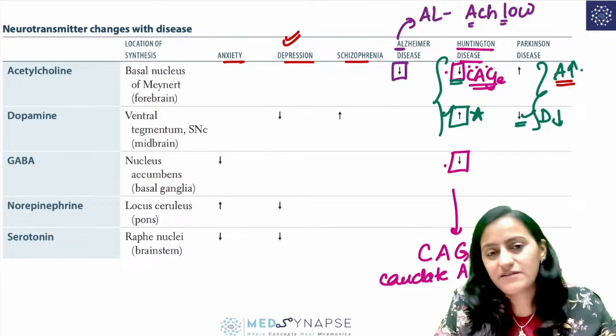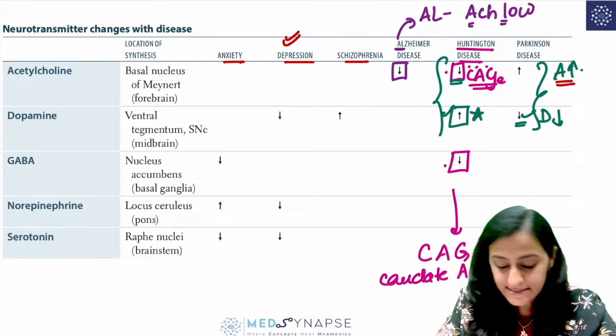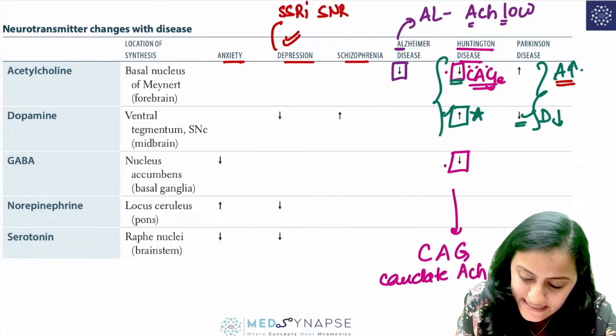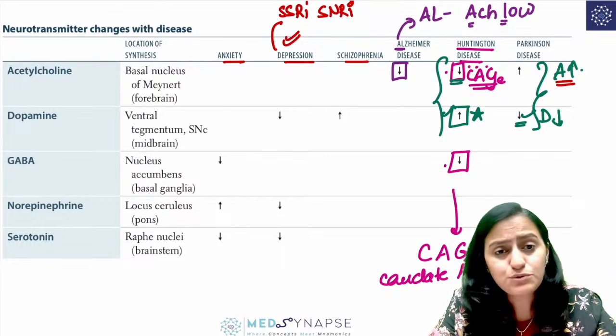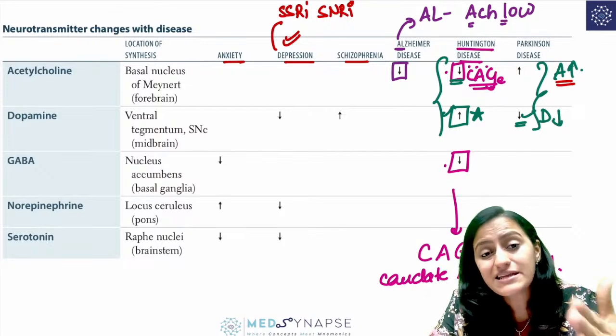Very good, Shiravali. You read about SSRIs and SNRIs. So the drugs we use in depression are SSRIs and SNRIs. What do they do to the serotonin levels? It is a selective serotonin reuptake inhibitor.